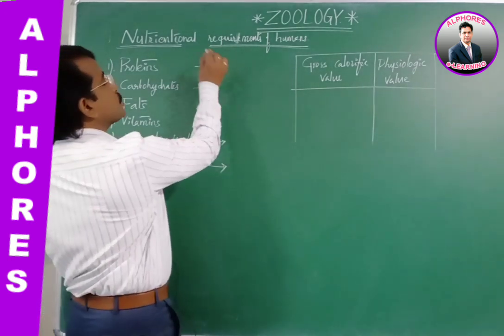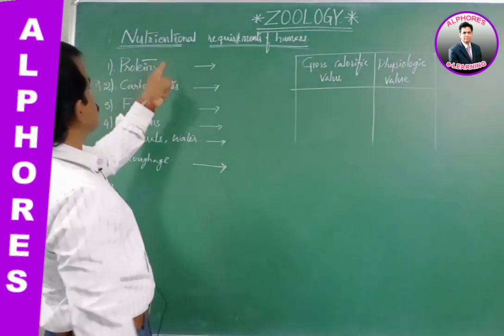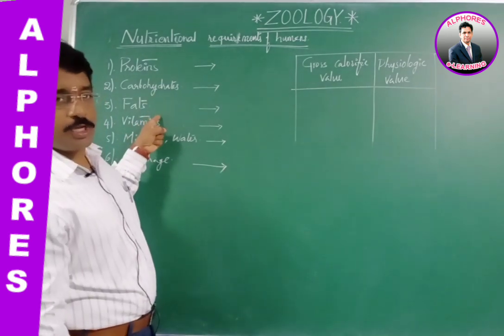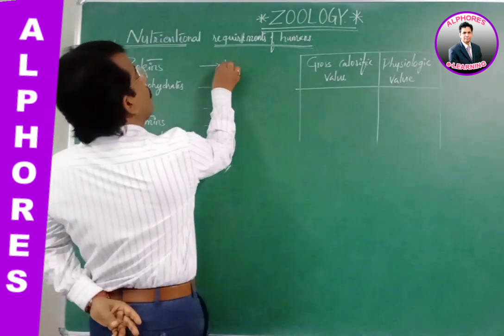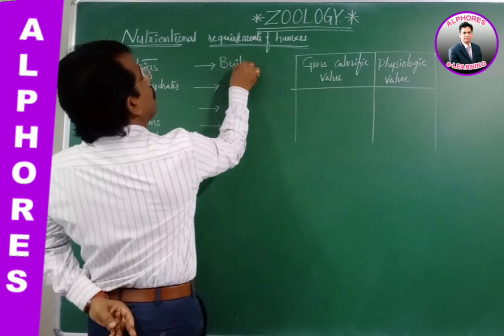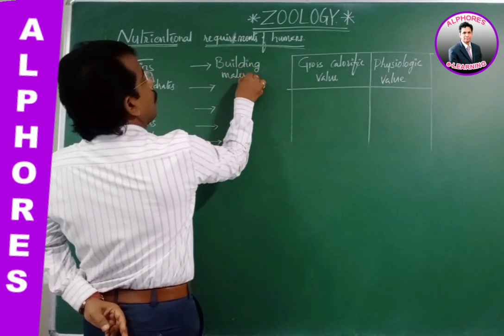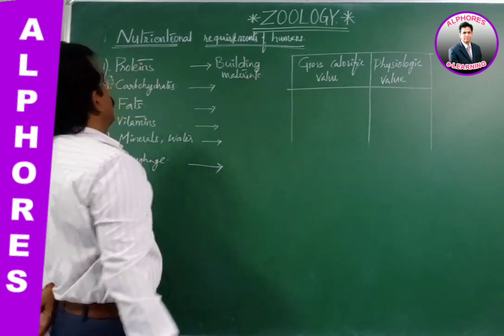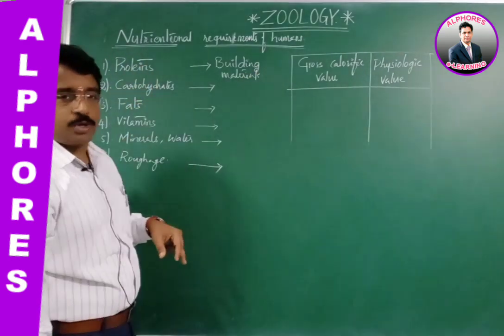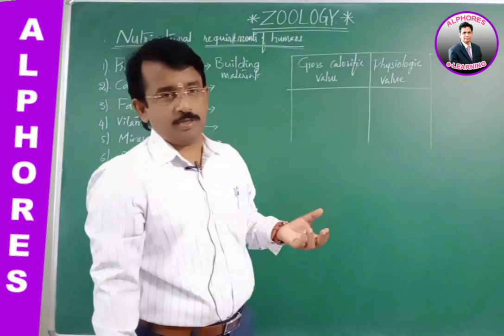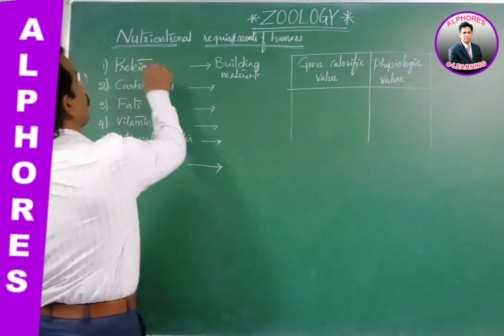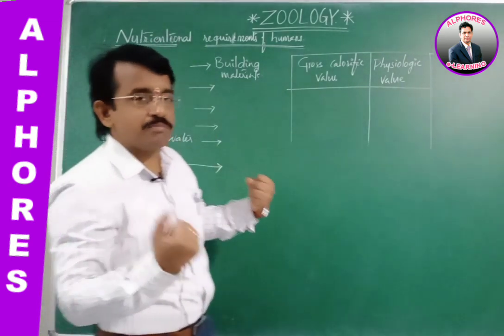So proteins, carbohydrates, fats. Proteins are building materials of the body. However, proteins, carbohydrates, and fats are the energy sources. The proteins provide the building material.